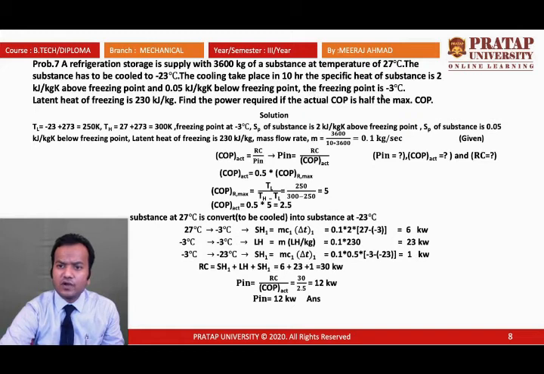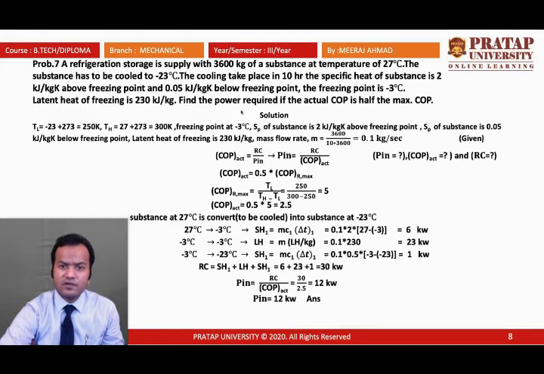The freezing point is minus 3 degrees Celsius. Here the latent heat of freezing is also given, 230 kilojoule per kg.